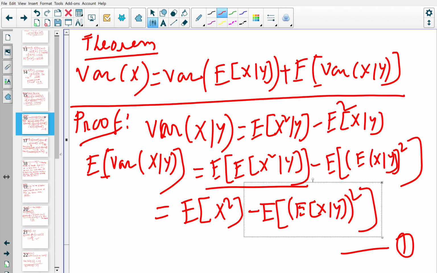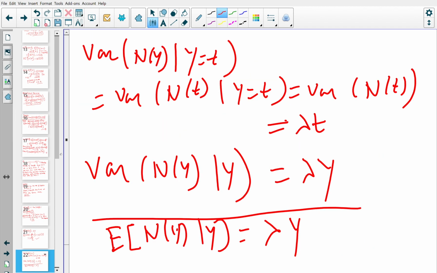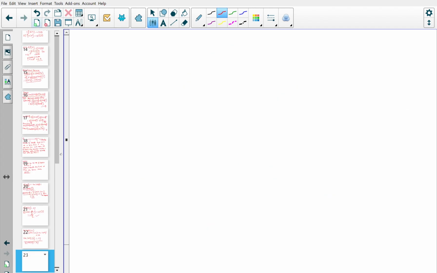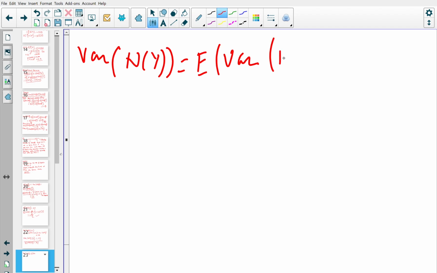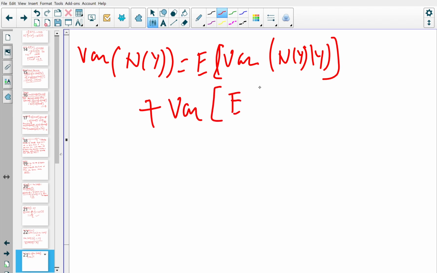This variance is nothing but the expectation of the conditional variance plus the variance of the conditional expectation. So from the conditional variance formula, this quantity will be the expectation of the conditional variance given Y, plus the variance of the conditional expectation.